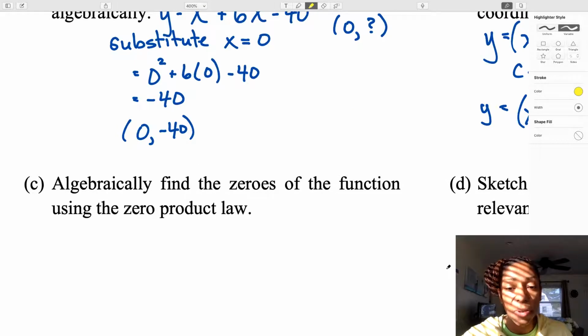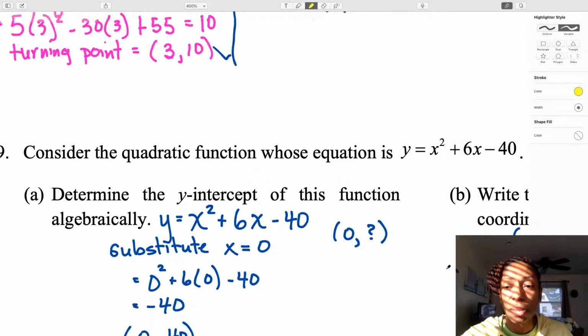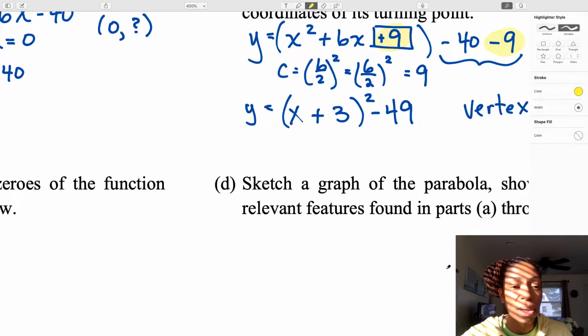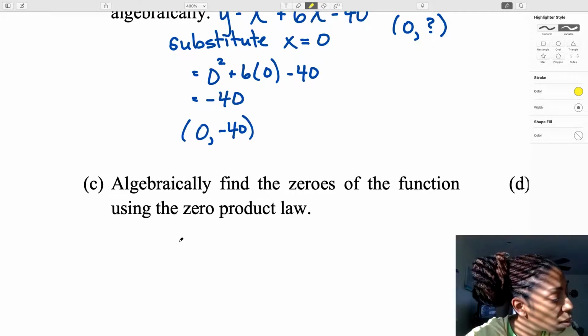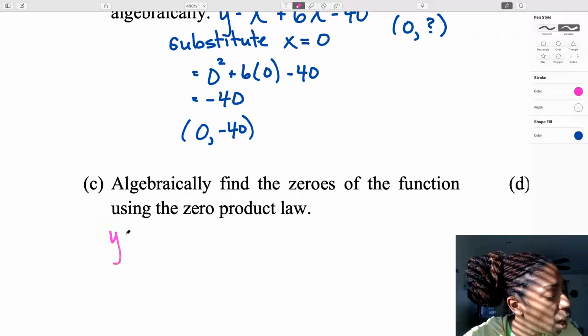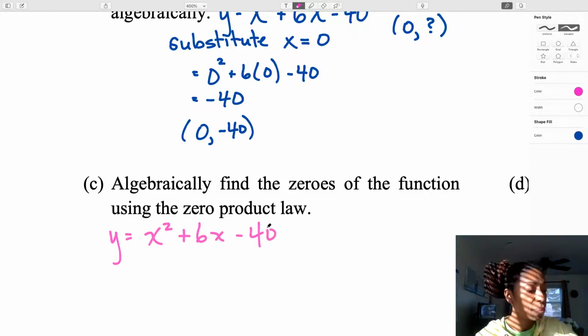Algebraically, find the zeros of the function using the zero product law. Okay. So let's write the equation again. y equals x squared plus 6x minus 40. So in order to use the zero product law, we have to have multiplication.